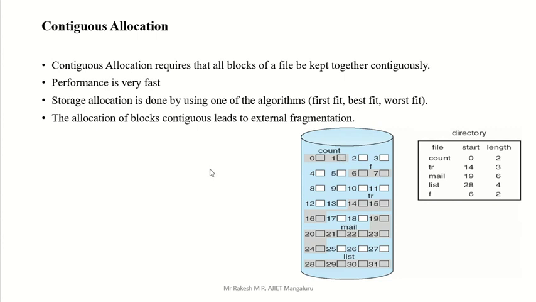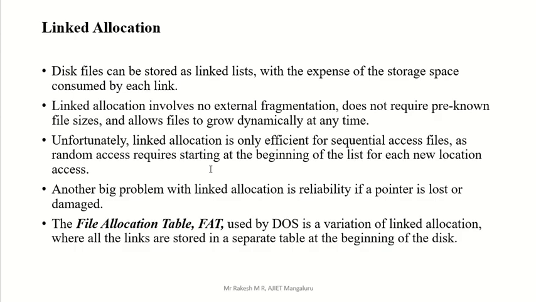Okay. So in order to avoid that, we are going for another concept called linked allocation. So what do you mean by linked? A disk file can be stored as a linked list, with the expense of storage space consumed by each link. Linked allocation involves no external fragmentation.